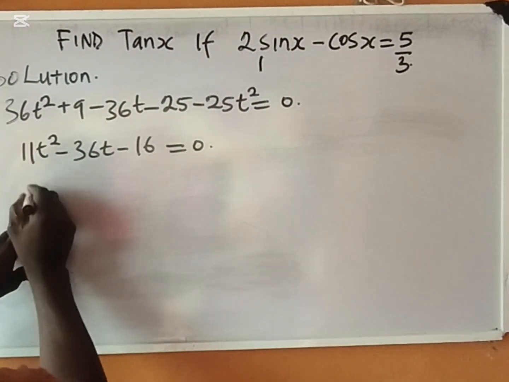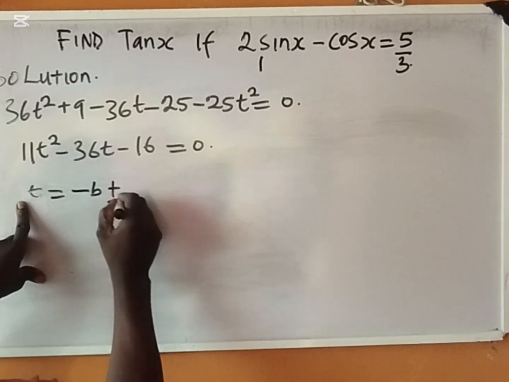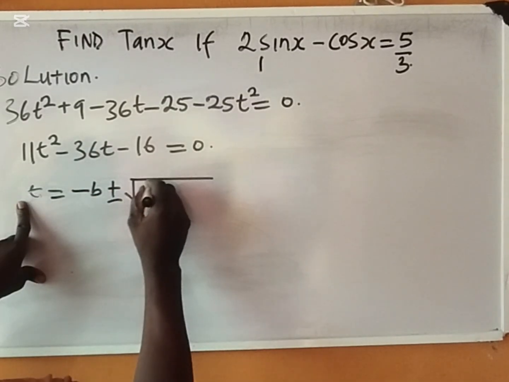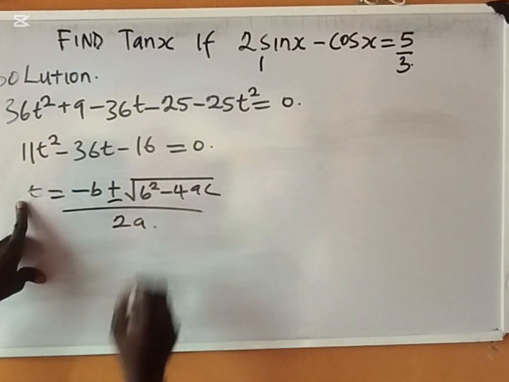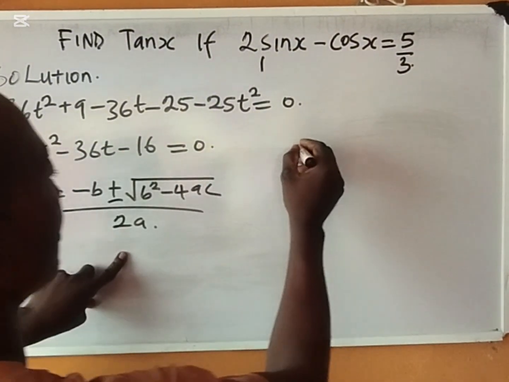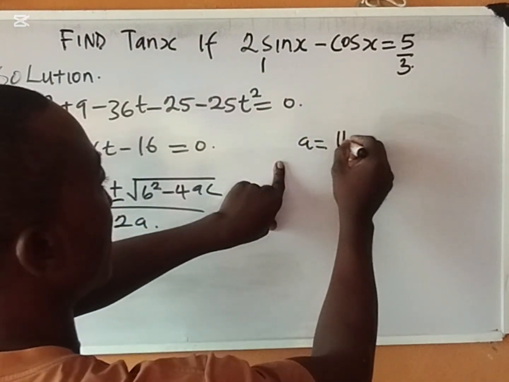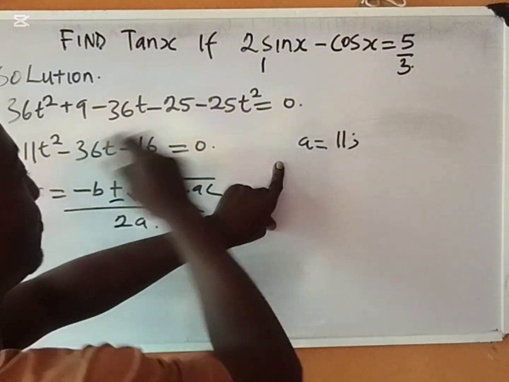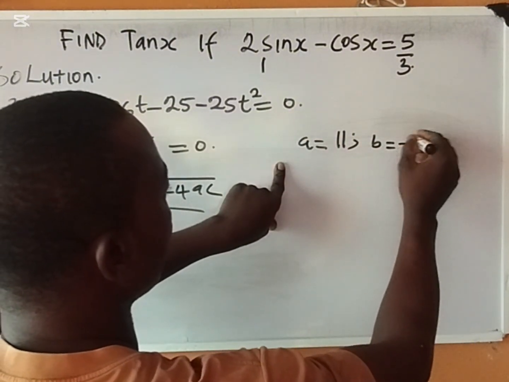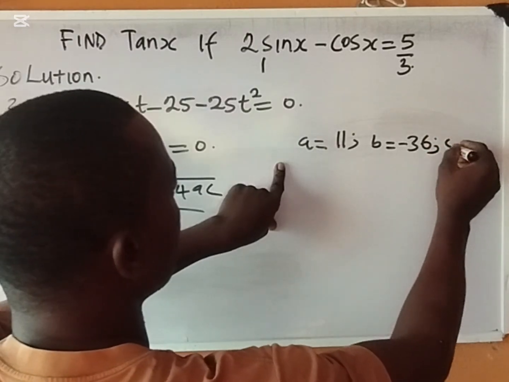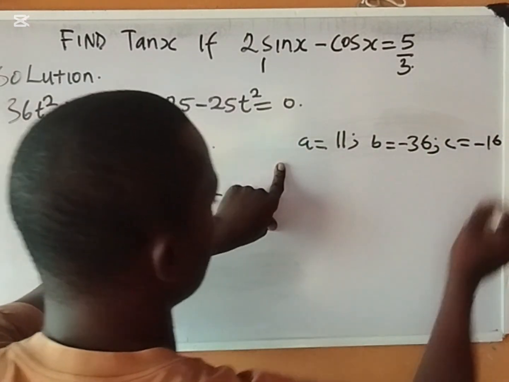So the quadratic formula is t will be equal to minus b plus or minus root of b squared minus 4ac divided by 2a. From this equation, a will be equal to the coefficient of t squared, which is 11. b will be equal to the coefficient of t, which is minus 36. And c will be equal to the constant, which is minus 16.